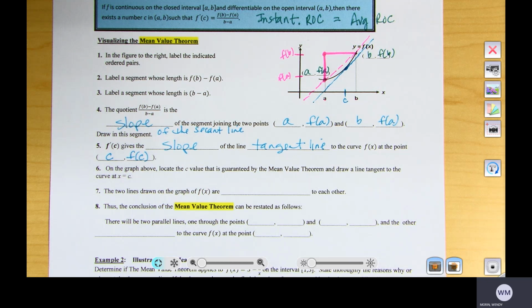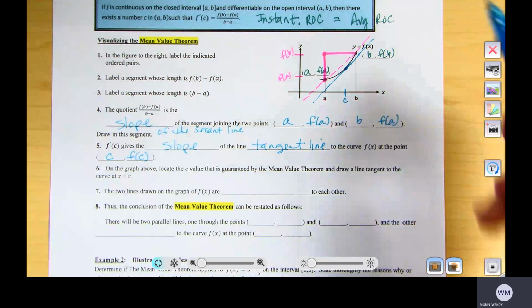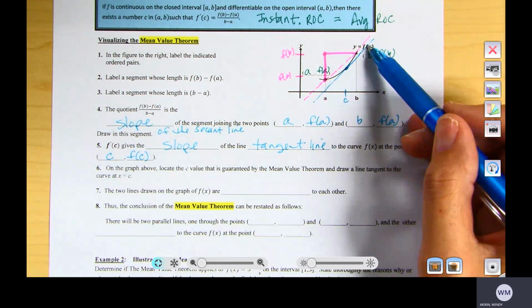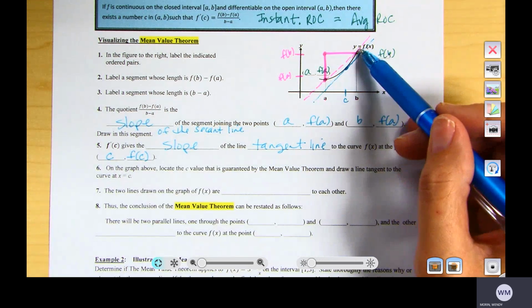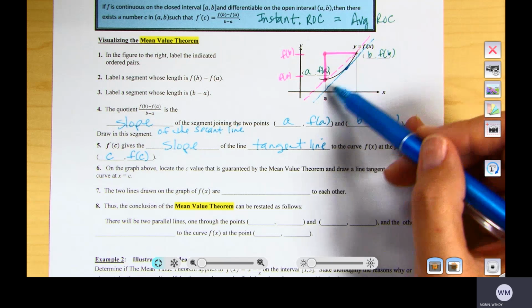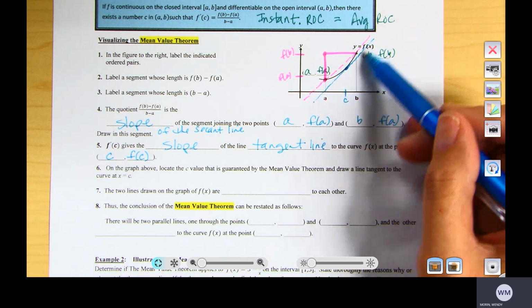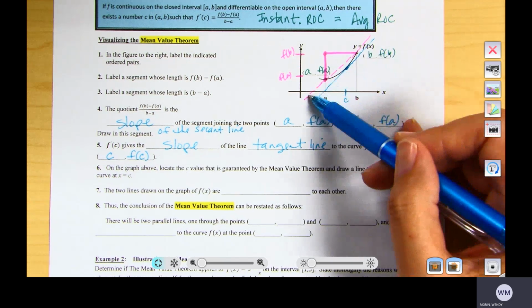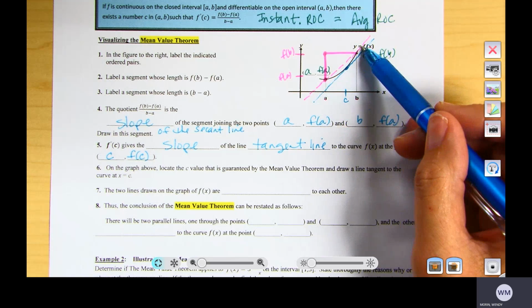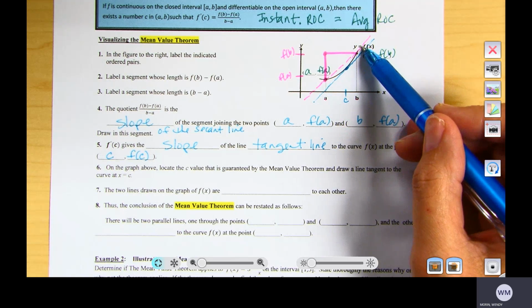That's the mean value theorem. There's at least one point, c. There's at least one x value c in that interval where the slope of the tangent line equals the slope of the secant line. But we call it the instantaneous rate of change equals the average rate of change. Okay?